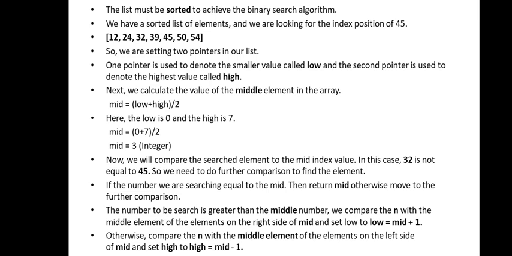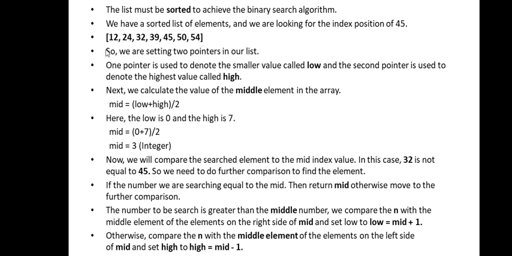So how do we search? Since it is a binary search, here we will be having two pointers. One is low and the other one is high. Next, one more pointer I will be using is mid, basically to find the midpoint of this array. So initialize low to 0 and high will contain the end.